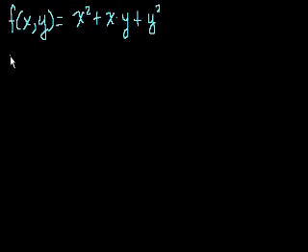So the gradient, and we use this vector differential operator, this upside down triangle, the gradient of f is equal to the partial of f in the x direction times the unit vector i, which is the unit vector in the x direction.